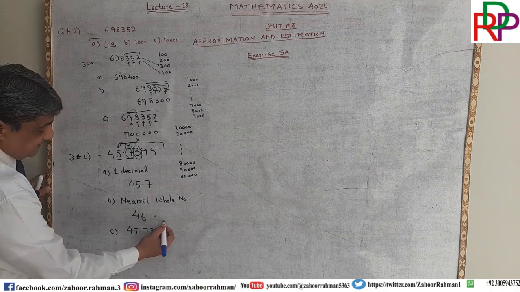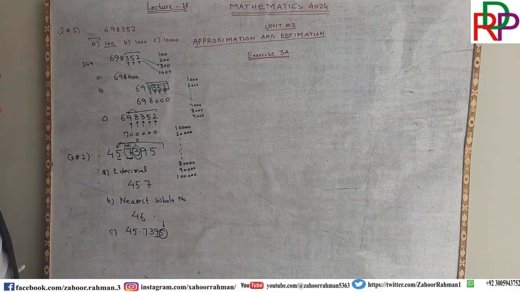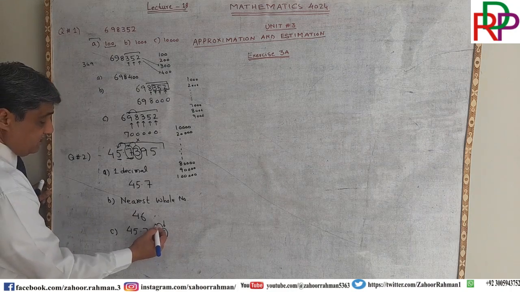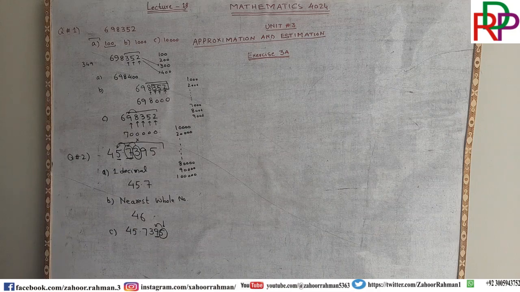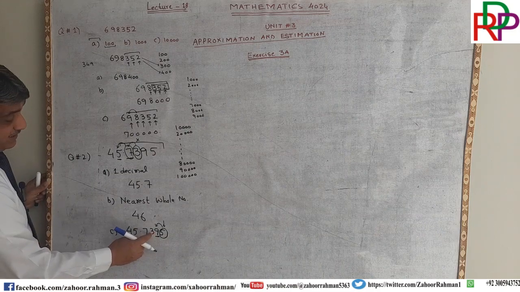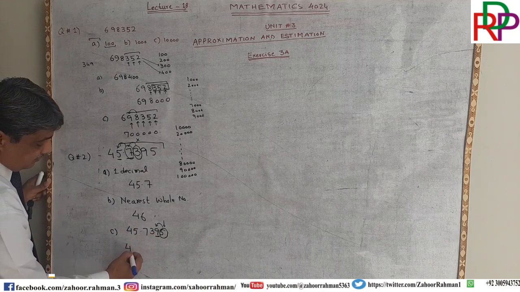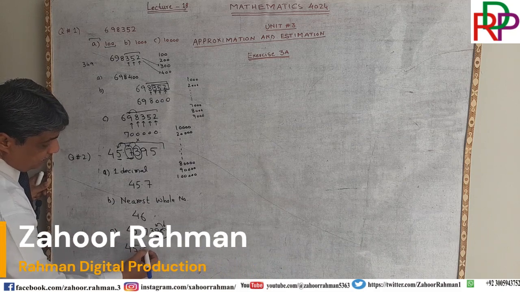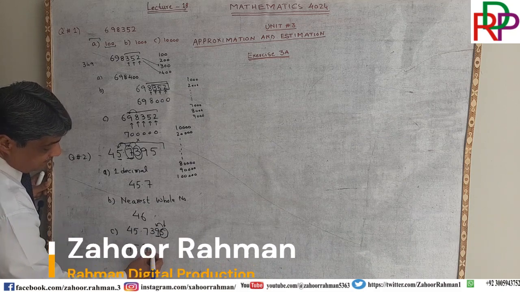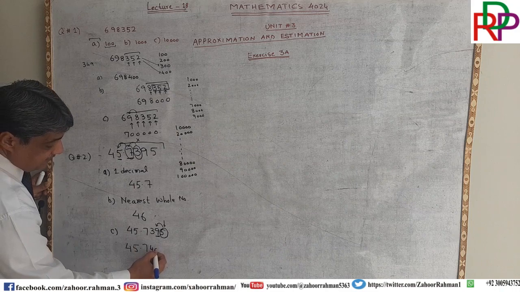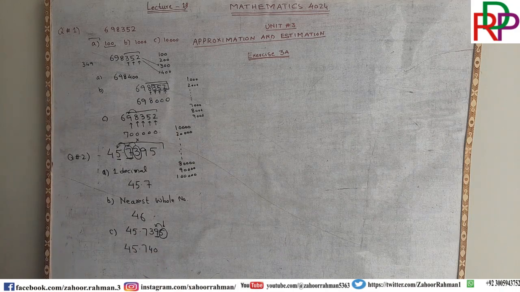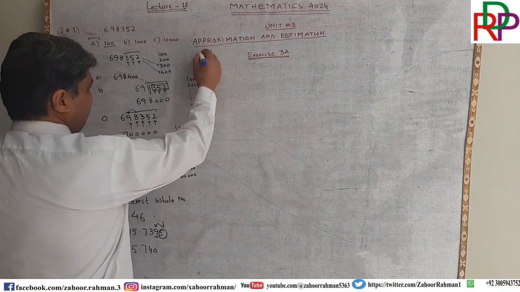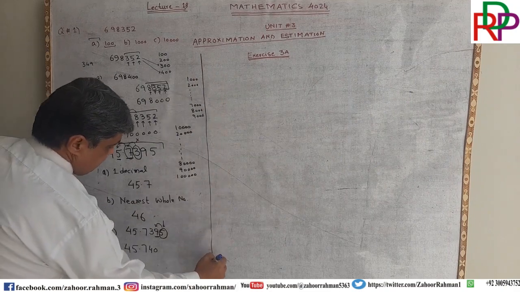Because this is greater than or equal to 5, we have to add 1 to this. This will be 0 and this will be 4. So 45.740 is the answer of this question.